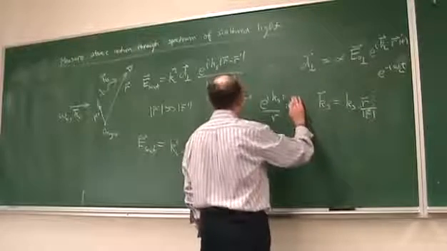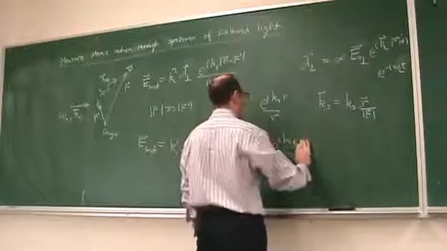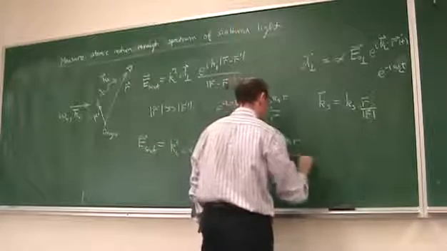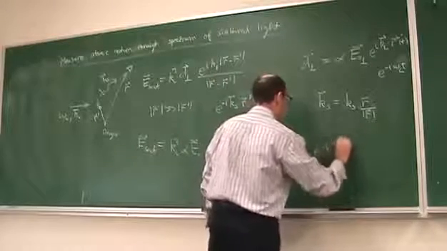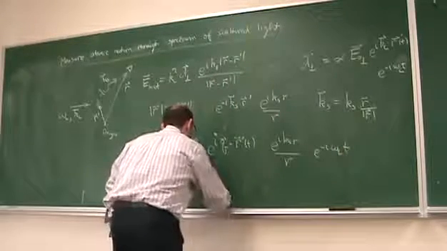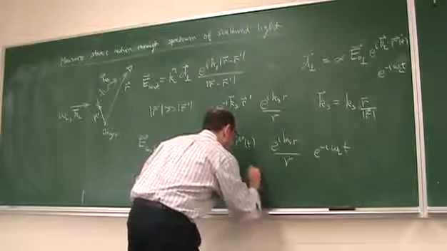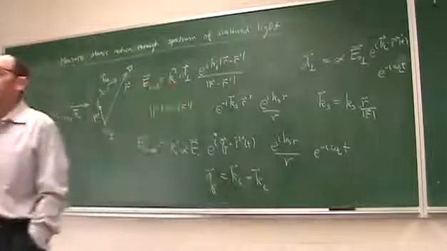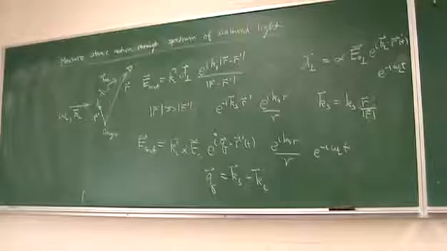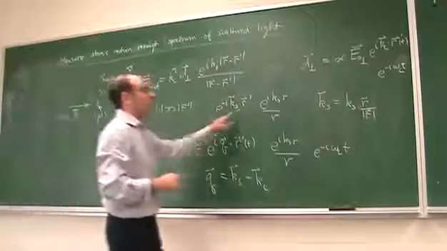No. This is R, pardon me. Pardon me, R is a minus i. Where Q is the difference between the scattered wave vector and the incident wave vector. Okay? That's from here.